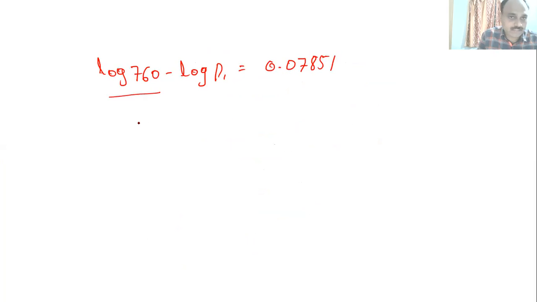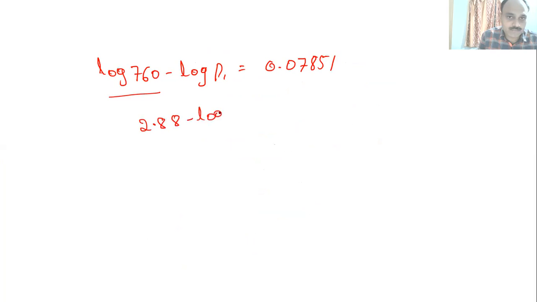Now further, log of 760 minus log of P1 is equal to 0.07851, and log of 760 is 2.88.